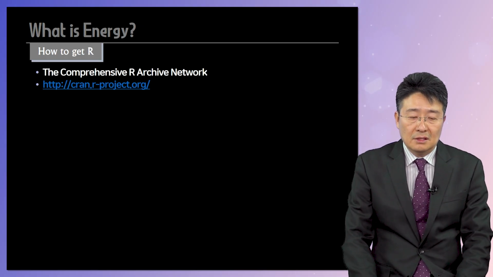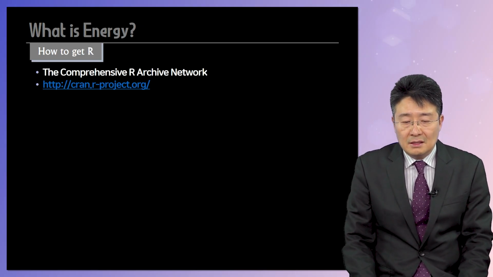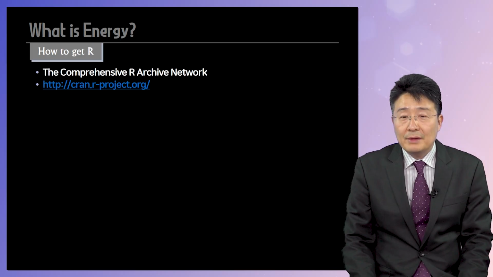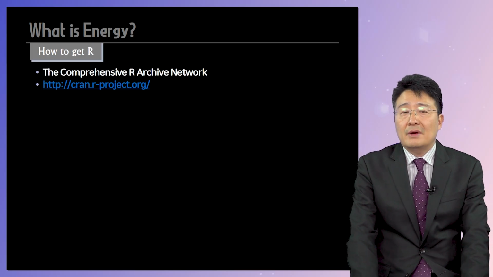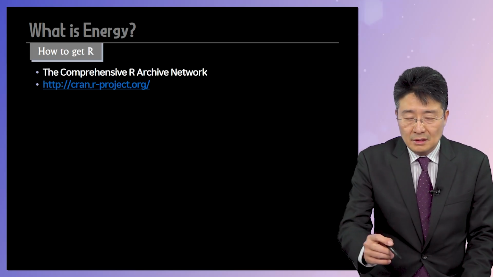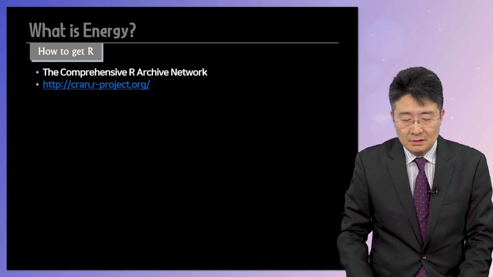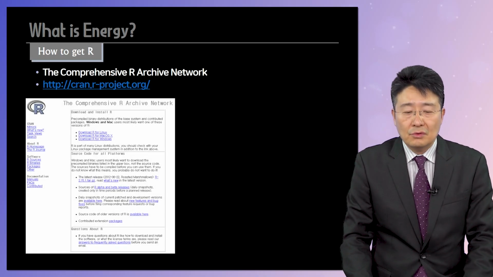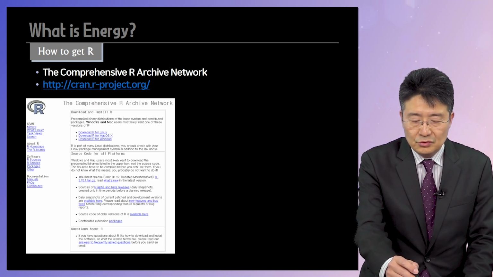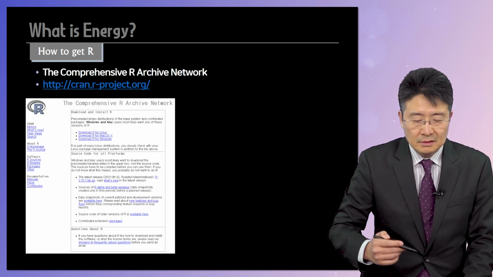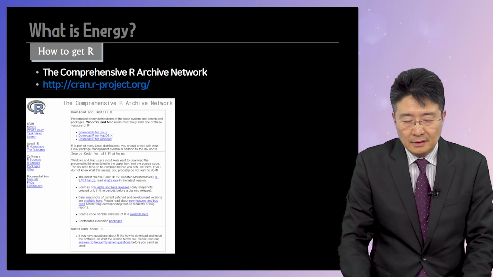First, you can get R from the CRAN website. In Google, you can type R and go to this website. If you are using Windows or Linux, you can choose the Windows R or Linux R in here.